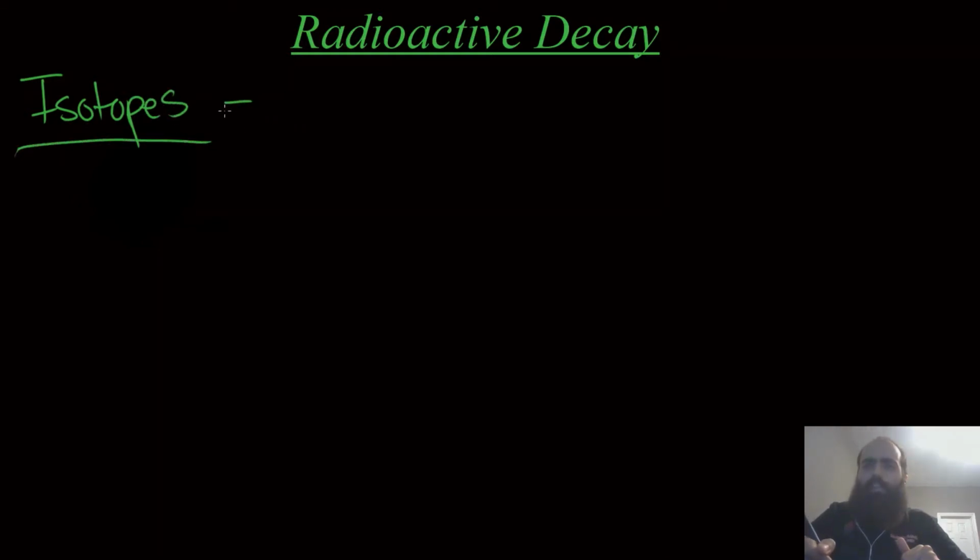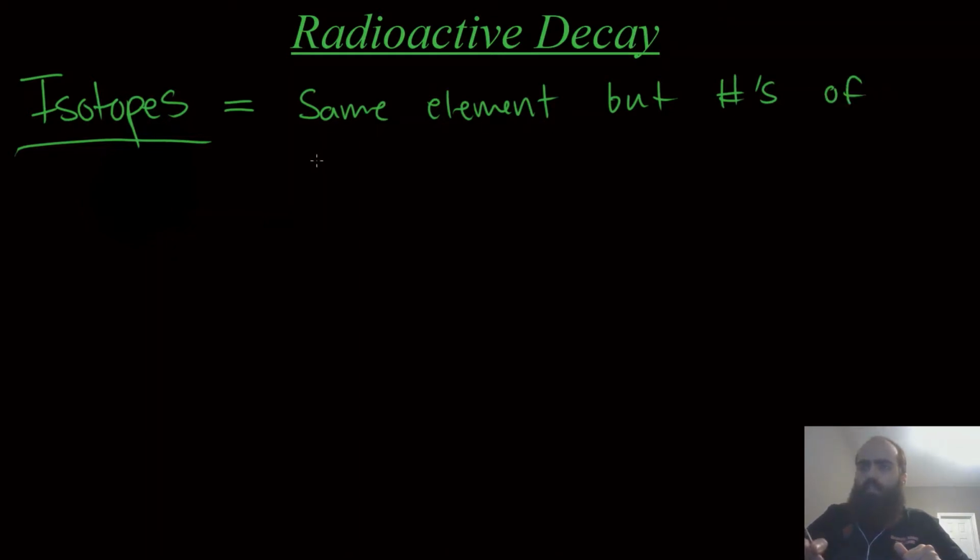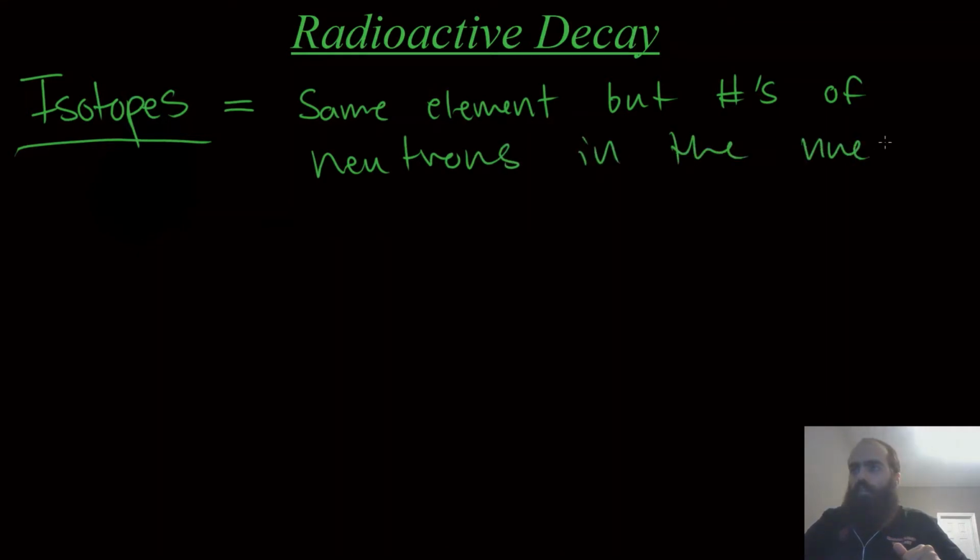Isotopes are a word given to the same element, but with different numbers of neutrons in the nucleus.